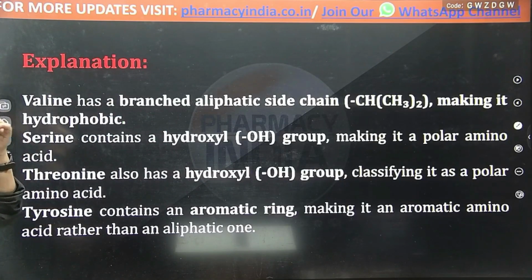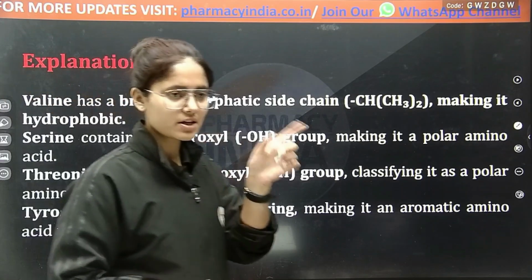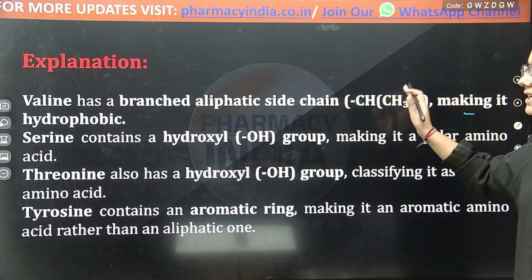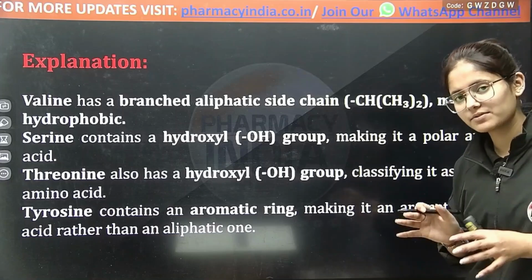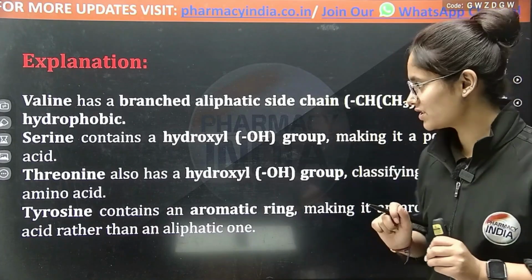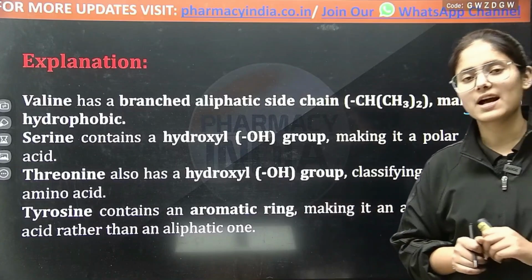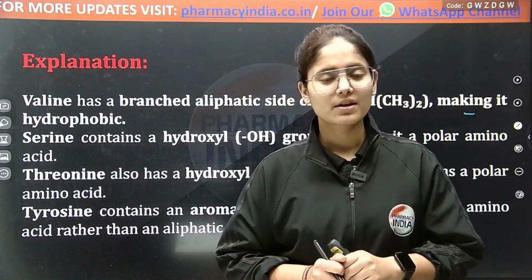Valine has a branched aliphatic side chain, that is CH3 whole 2. This is an aliphatic side chain, making it a hydrophobic amino acid. Serine contains a hydroxyl group in its side chain. Threonine also contains a hydroxyl group in its side chain, and tyrosine contains an aromatic side chain.